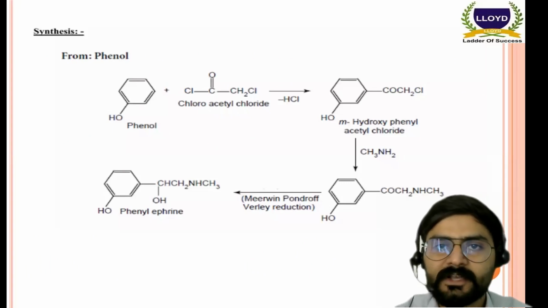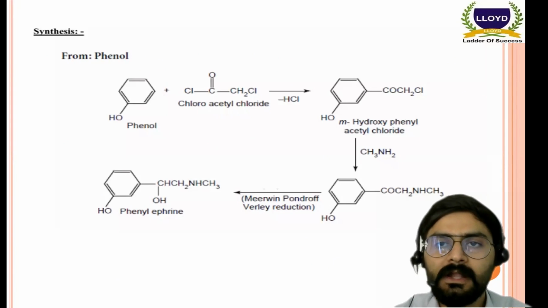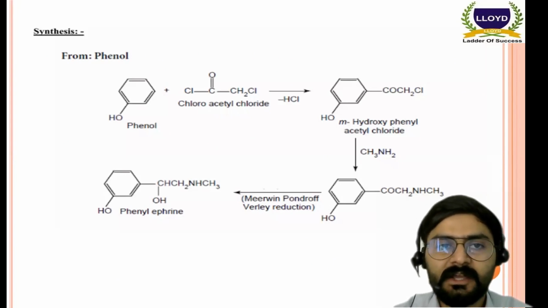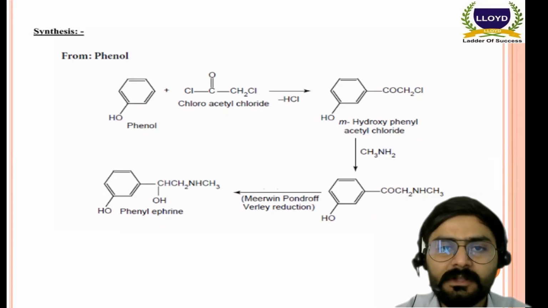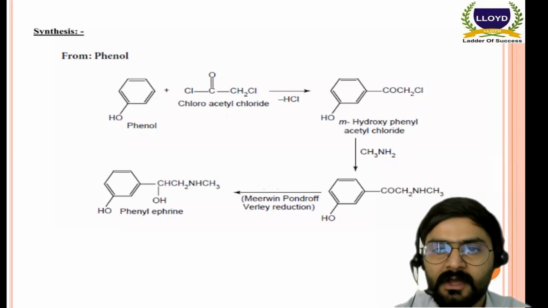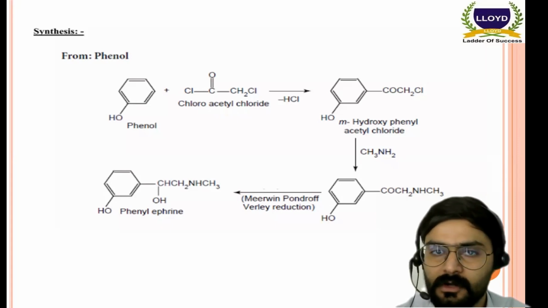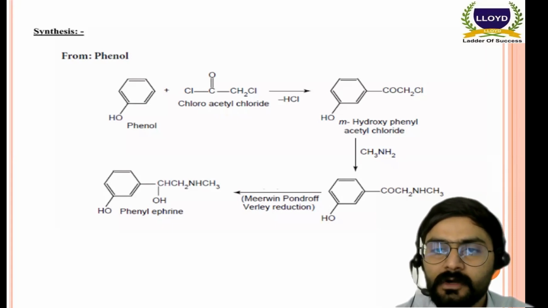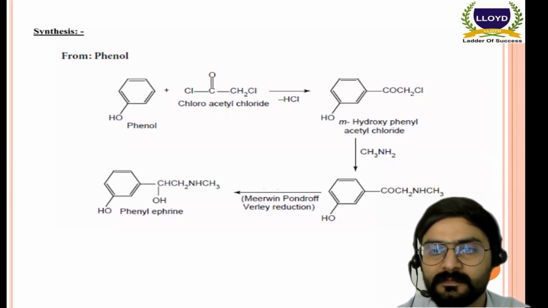So let us now explore the synthetic pathway of phenylephrine, a widely used alpha 1 receptor agonist. The starting material is phenol. Phenol reacts with chloroacetyl chloride, and this chloroacetyl group is transferred onto the meta position of phenol by removing HCl, converting it into meta-hydroxyphenyl acetyl chloride.